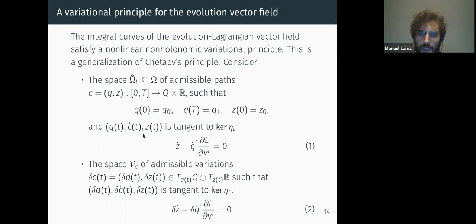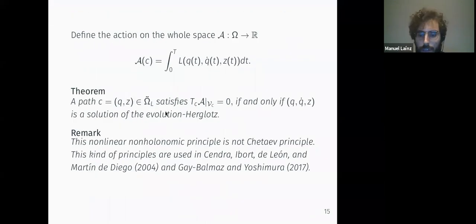And now we restrict it. The restriction we do is we want our curves to be tangent to the kernel of the contact one form, and in coordinates it is this. Also, we will restrict the space of variations. We will only consider the variations which are tangent to the kernel of this contact distribution, of this contact form.